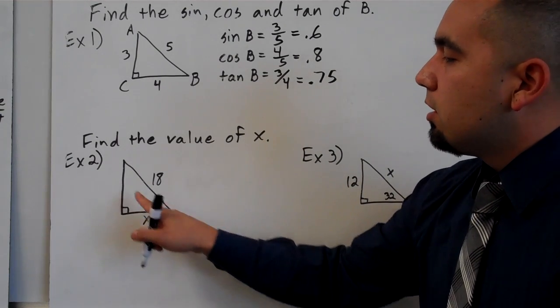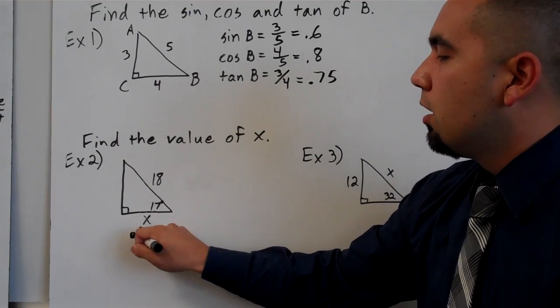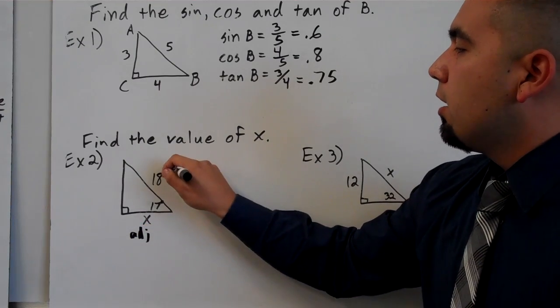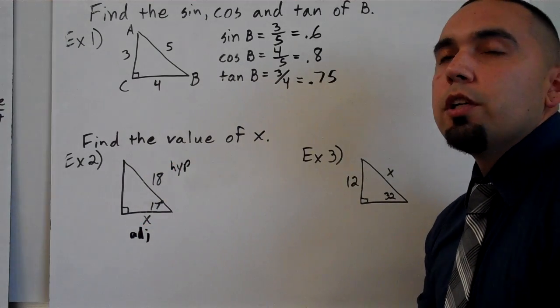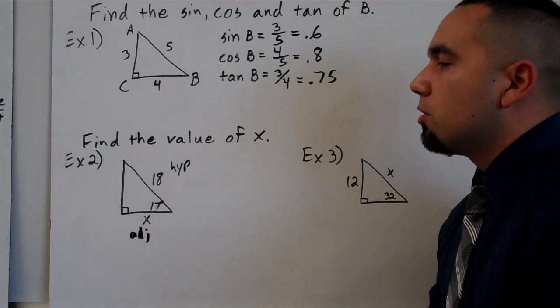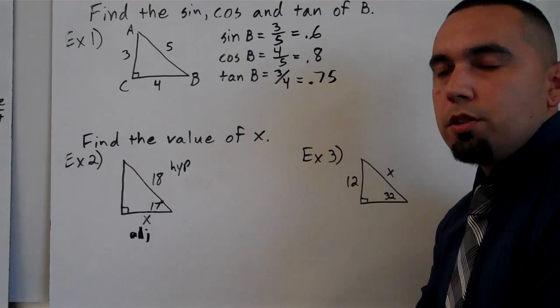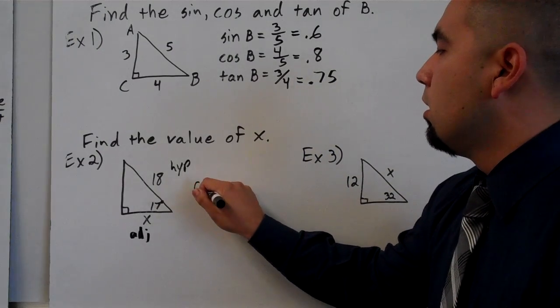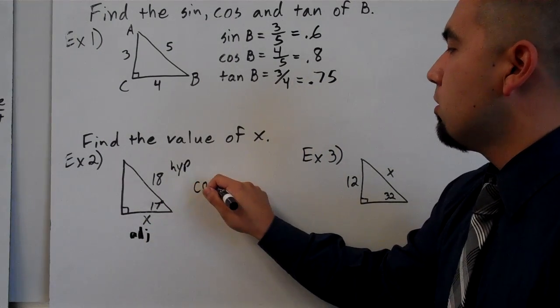All I have is my adjacent and my hypotenuse. So I have to think to myself, which trig ratio uses adjacent and hypotenuse? Well, that's cosine, right? Cosine is CAH, adjacent over hypotenuse.